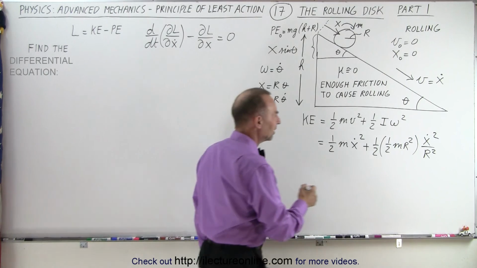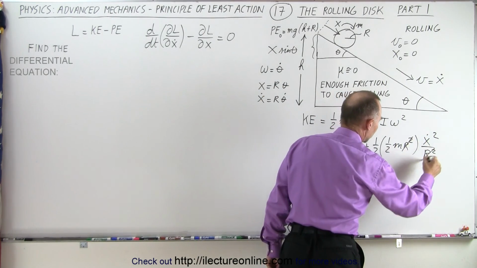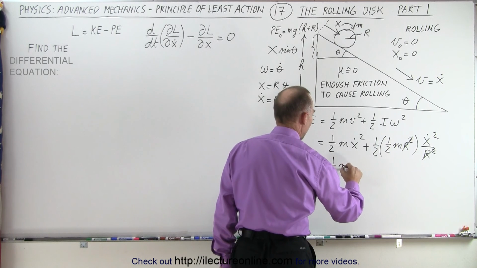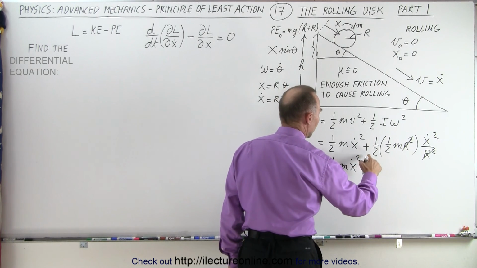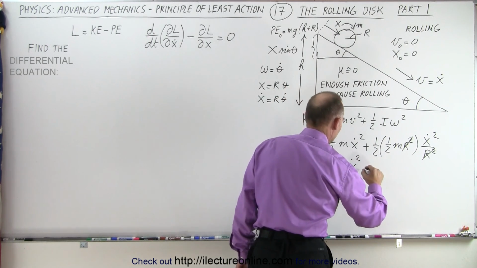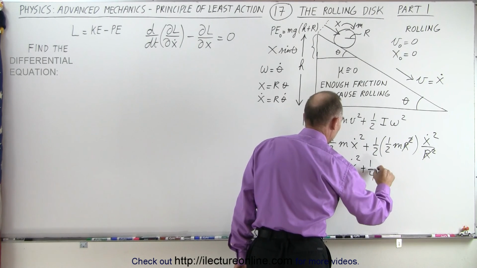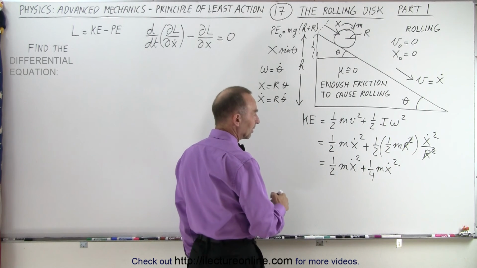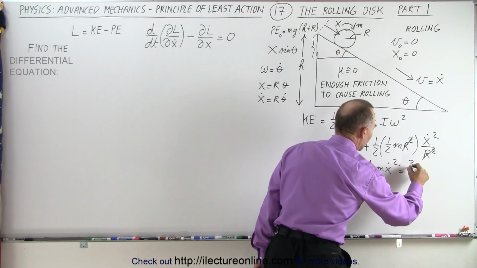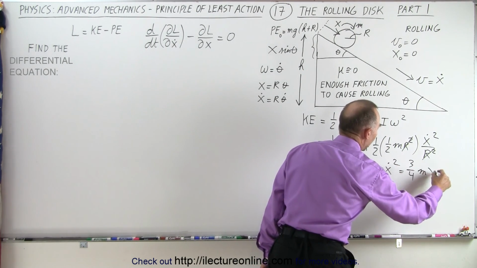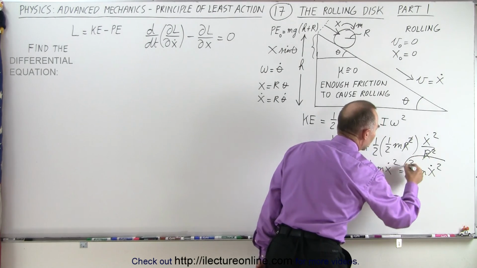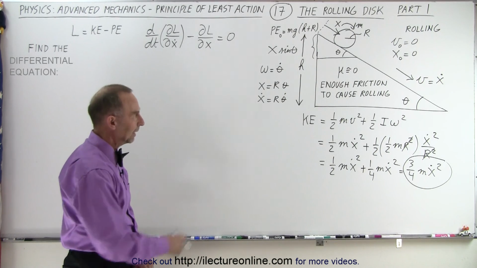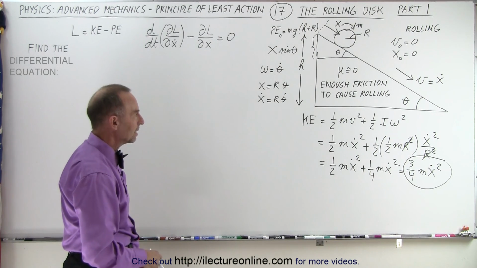All right, then we see that the r squareds cancel out. And that means that the kinetic energy can be written as 1/2 mass times x dot squared plus 1/4 m x dot squared. And then, of course, when you add that together, that gives you 3/4 m x dot squared, which is the kinetic energy of that rolling disk in the direction along the incline.